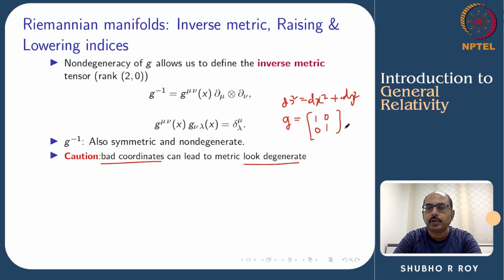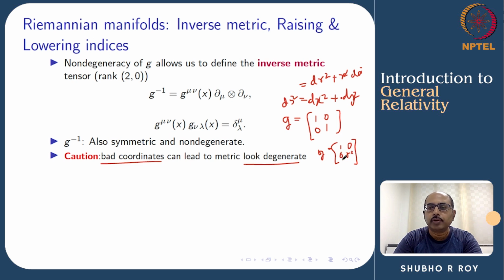On the other hand, if we write the same R2 in a different coordinate system, in the polar coordinate system, in which it looks like dr squared plus r squared d theta squared, then the metric reads something like this in matrix form: 1, 0, 0, r squared. So the eigenvalues are 1 and r squared.